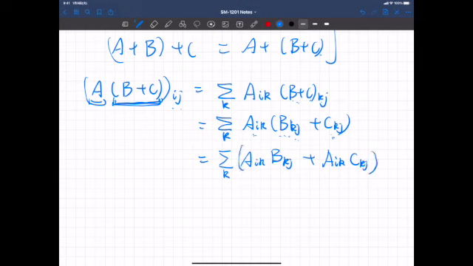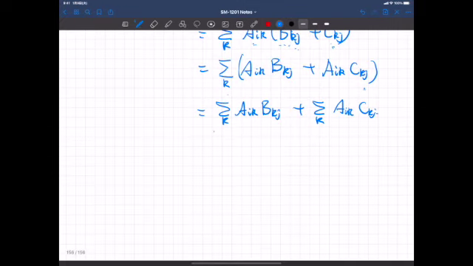Okay, and we can split the summation, which is the sum of a_ik b_kj plus the sum of a_ik c_kj. But each of these summations is an element of a matrix product.